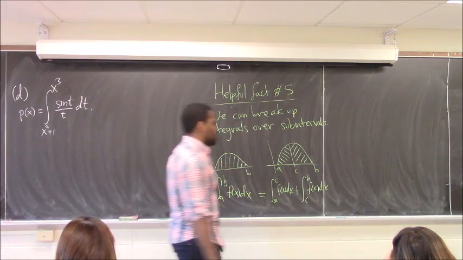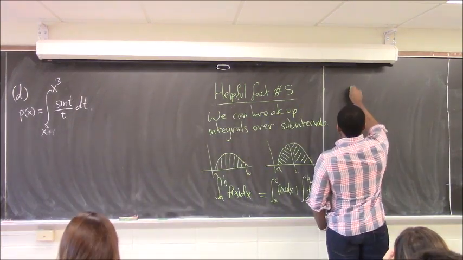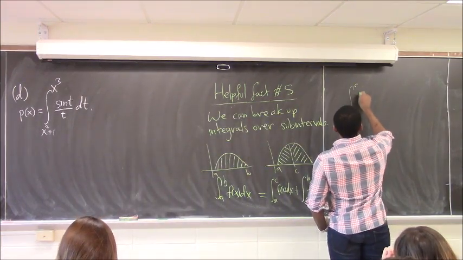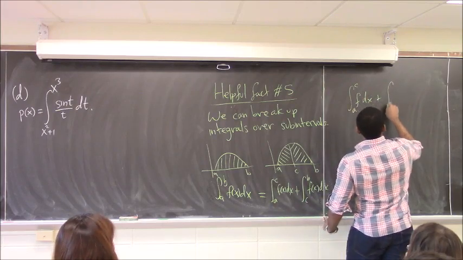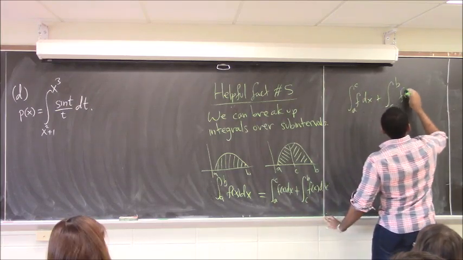Another way you can see this, of course, is if you look at the integral from A to C of f dx plus the integral from C to B of f dx.